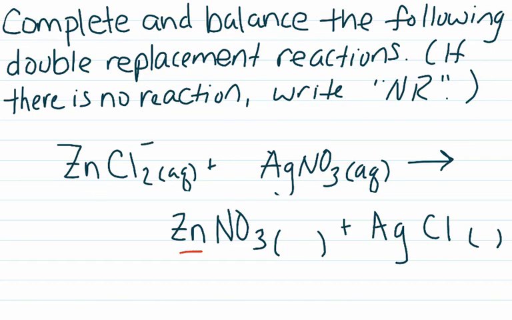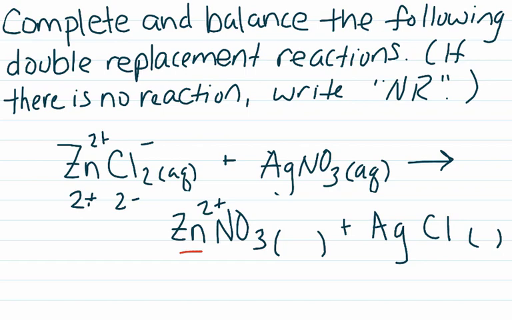Since chlorine's charge is -1 and there's two of them, the total negative charge on this compound is -2, which means the total positive charge has to be 2+, and since there's only one zinc, the charge on this zinc is 2+. And that charge is going to be carried over to this zinc. So this zinc will be 2+.